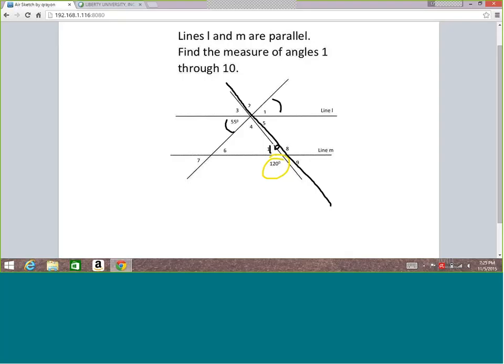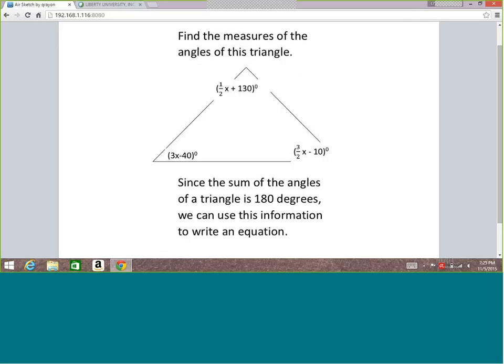And then after I found all those other angles, then I looked at angles 6 and 7 because I was able to then refer to this line intersecting the parallel lines, and that helped me with angles 6 and 7. I hope that gives you some helpful hints on how to handle a homework problem that looks like that. It can look confusing, but you just have to take it in pieces and start with what you know.